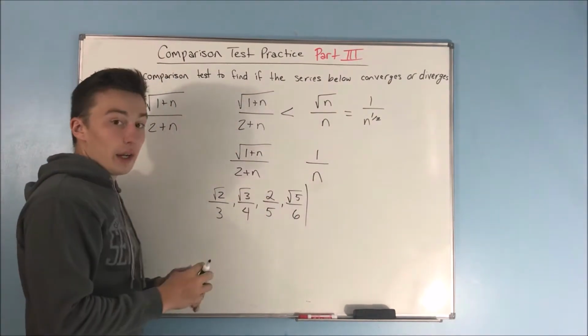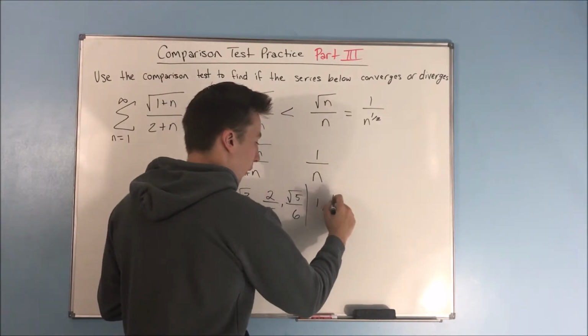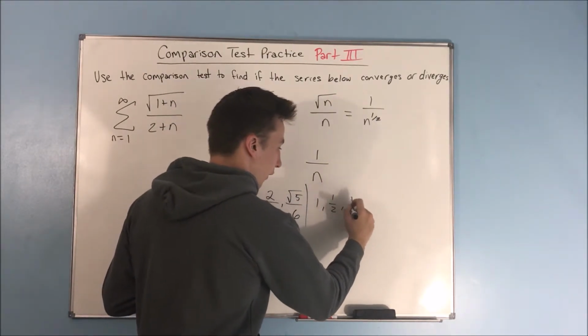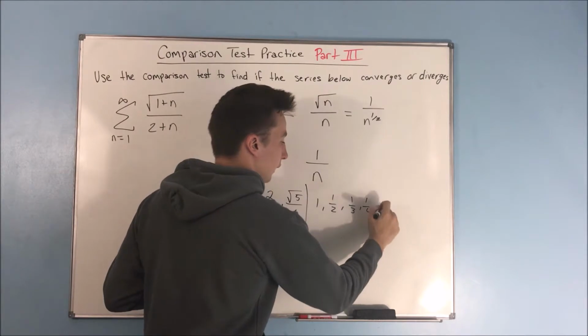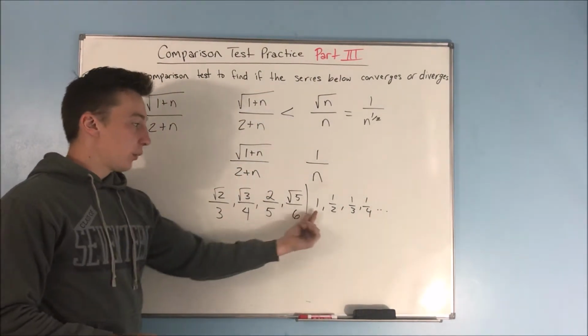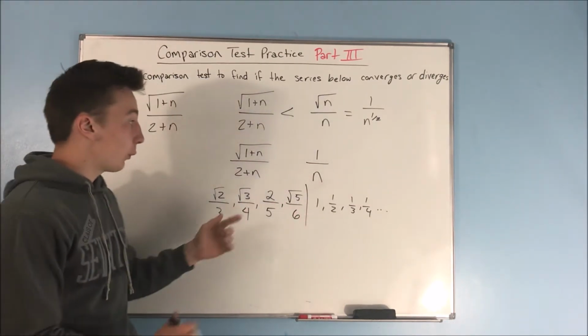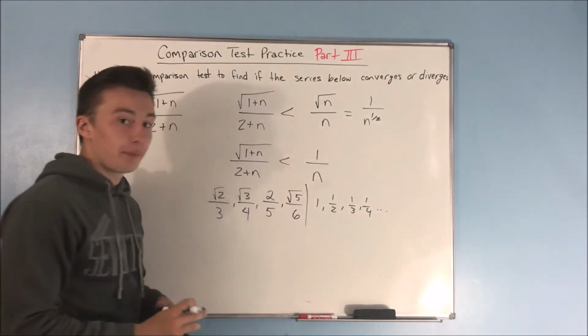Now, with 1 over n, if you start listing out terms, you have 1, 1/2, 1/3, 1/4, and so on. What I will tell you is that rad 2 over 3 is less than 1, and rad 3 over 4 is less than 1/2. So far, we're still kind of in this zone.